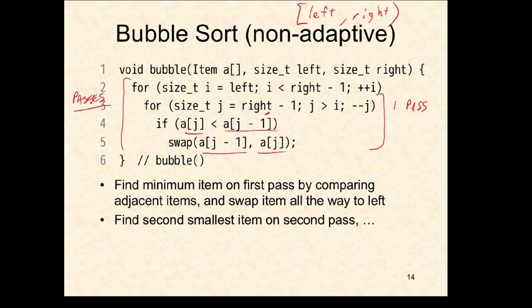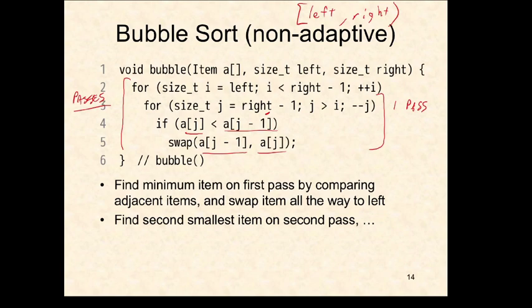Okay, well, let's look at the outer loop. Outer loop says I start i equal to left, i is less than right minus 1, so that's how many passes I've got to make, and i gets incremented. Initially i is going to start out at left, which is 0. i is telling me basically how many values I know have been bubbled to their correct position.